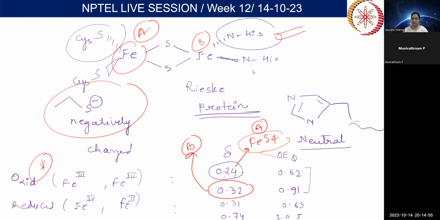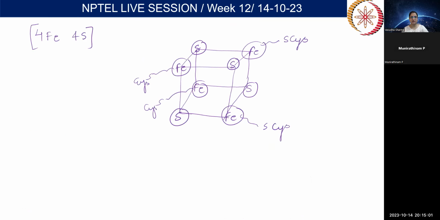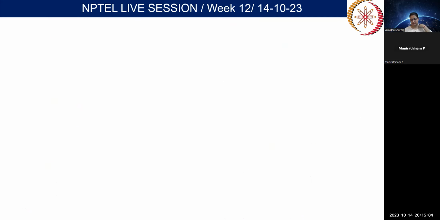Clear, ma'am. Okay. So now we are going to have the last example. I'll draw the structure here. So I'll repeat it, I'll make it over here. This is a very important example because now here we will be having 4 iron, 4 sulfur. This is also an electron transfer agent.